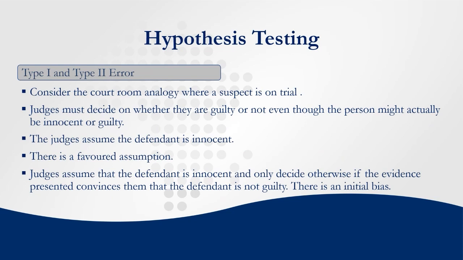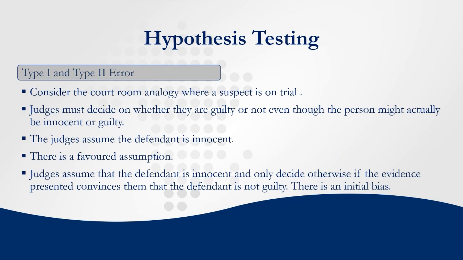This is important to understand because it helps you understand it in the context of your statistical testing. When someone goes to court, the truth is already there. The truth of whether they have committed the particular crime or not, whether they are guilty or not, is there.